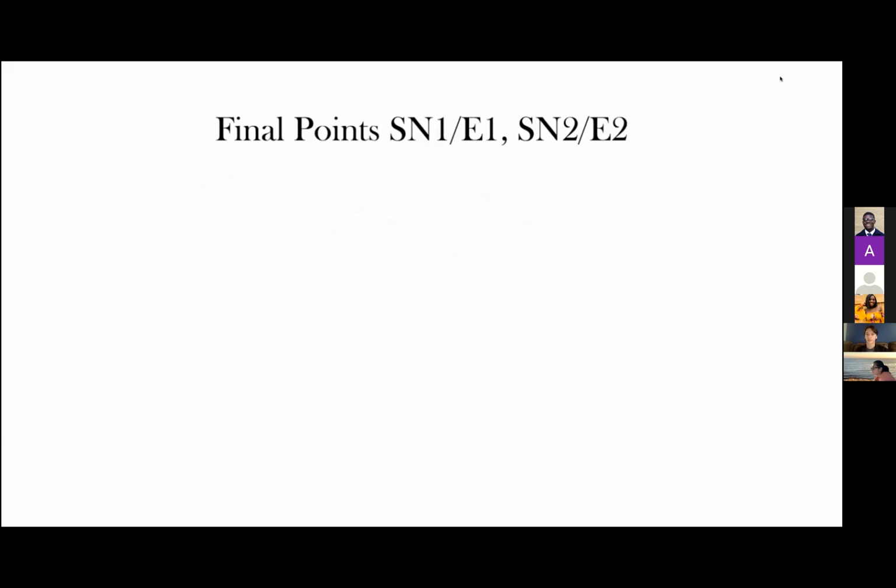And some final points. SN1 and E1 reactions are fastest in polar protic donor solvents. The polar portion, with a high dielectric constant, allows for separation of ions.